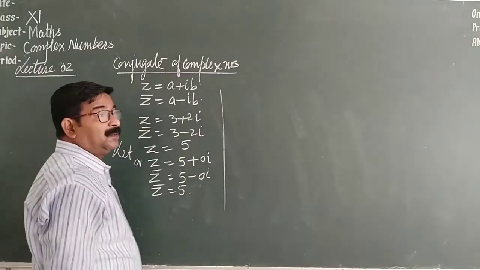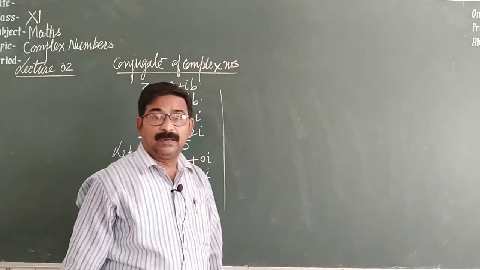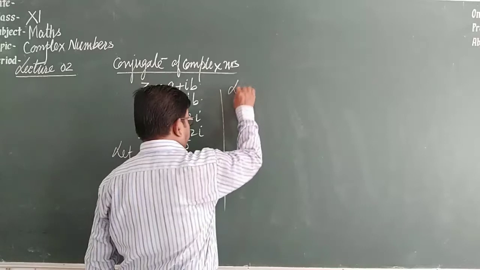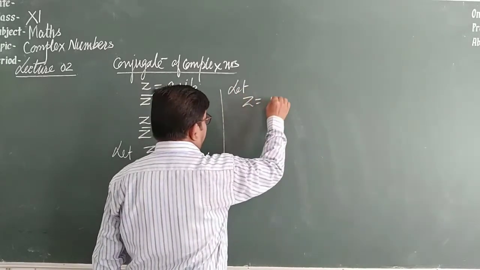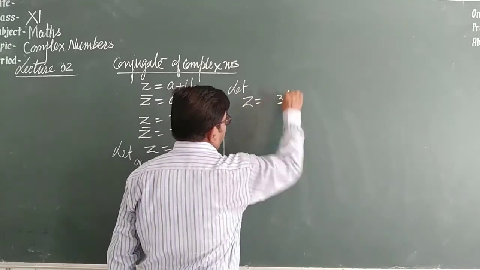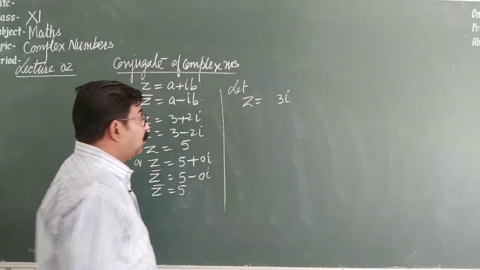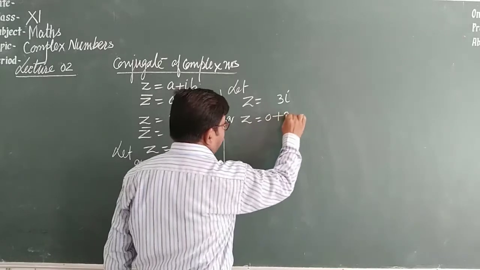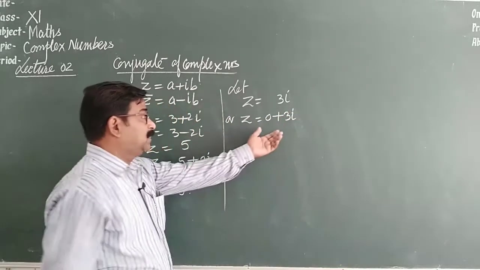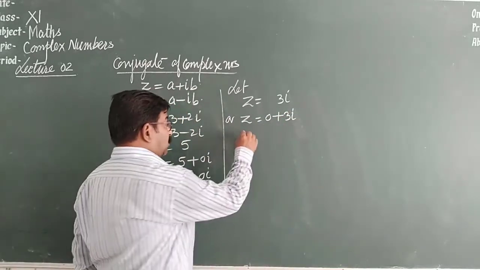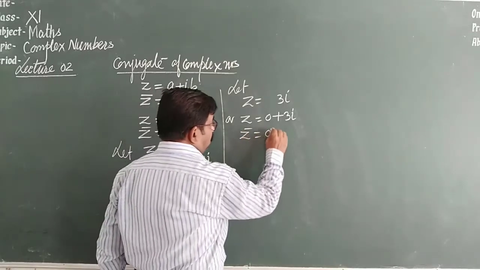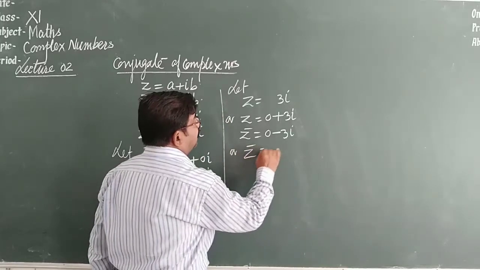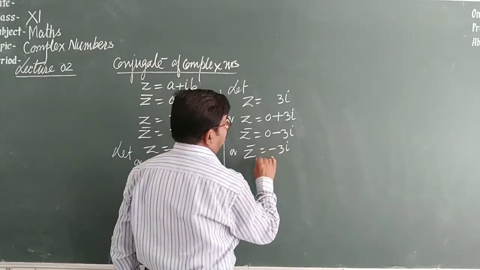Suppose you are given an imaginary number, then the sign becomes opposite. Like, let z is equal to 3i, or we can write z is equal to 0 plus 3i. Now this becomes a complex number, so its conjugate z bar is equal to 0 minus 3i, or z bar is equal to minus 3i.